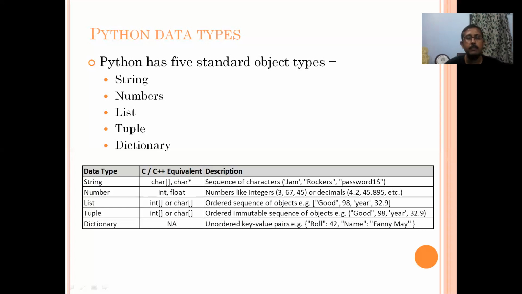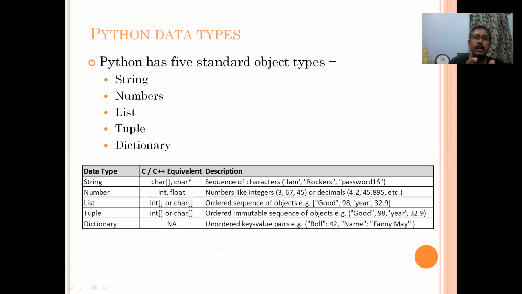Like that, we have another data type called tuple, which is very much like list, which is also an ordered sequence of objects. The only difference is it is immutable, or in other words, you cannot change the value of any element of a tuple. And then you have the dictionary data type, which is basically an unordered key value pair of objects.